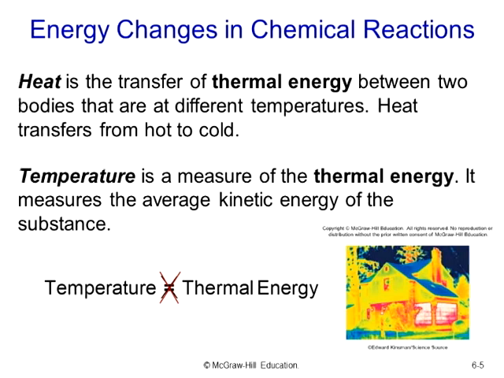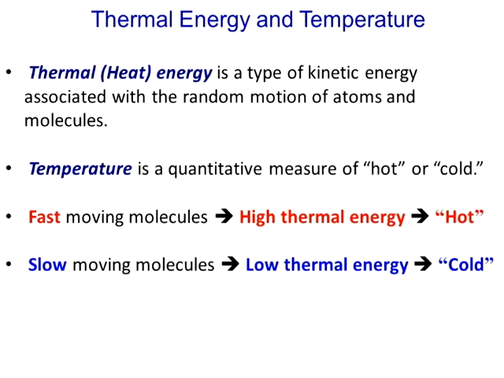We also now know that temperature, which measures the average kinetic energy of a substance, is not the same as thermal energy. If the molecules are moving fast, we have higher thermal energy, and it's said to be hot. When the molecules are moving slowly, it has lower thermal energy, and it's said to be cold.